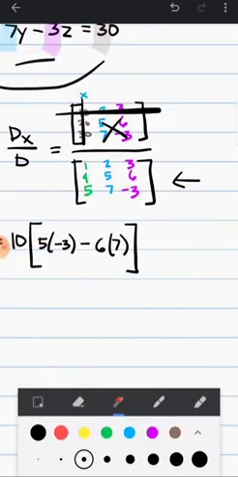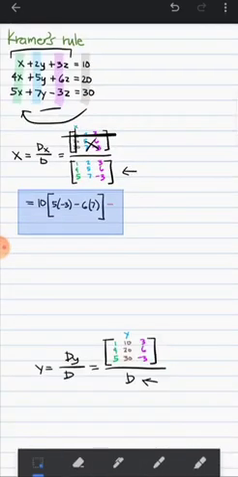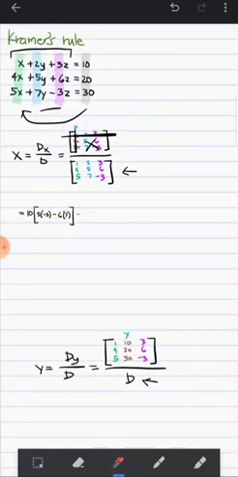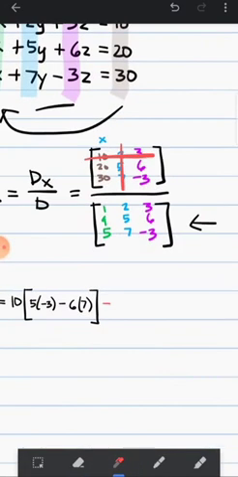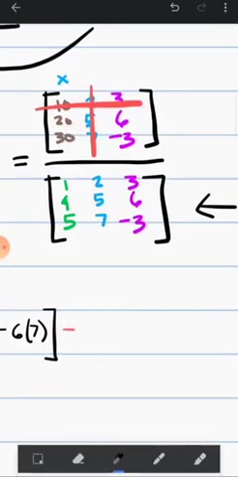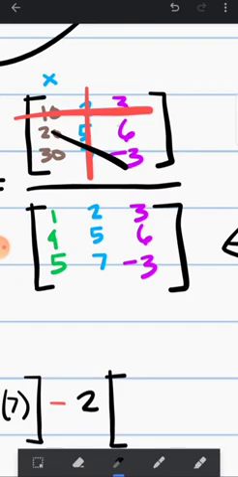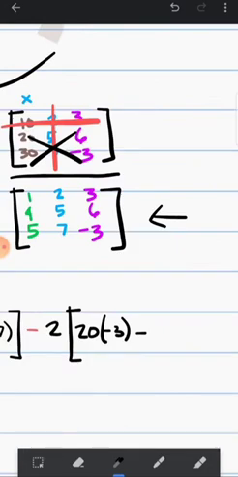And then here, minus 2 times this one, 20 times negative 3 minus 6 times 30.